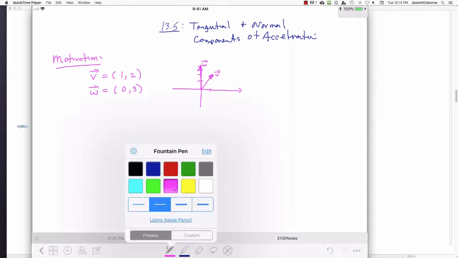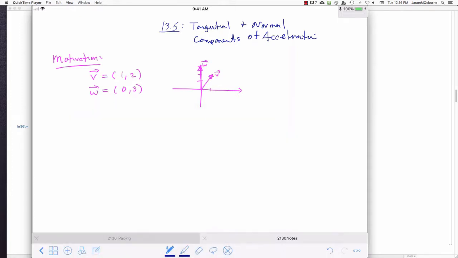So there would be the vectors v and w. And then the question we would have asked is, maybe you're given a vector a, say 2, 4, and I've asked you to do the decomposition. Take the vector a and write it as some number alpha times v plus some number beta times the vector w.